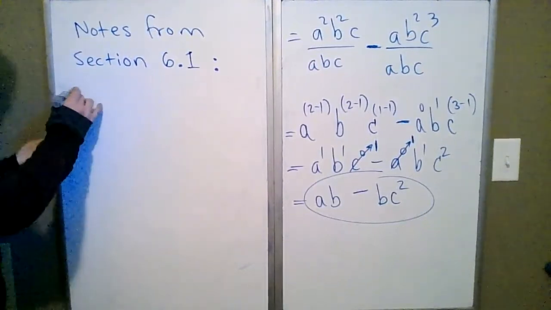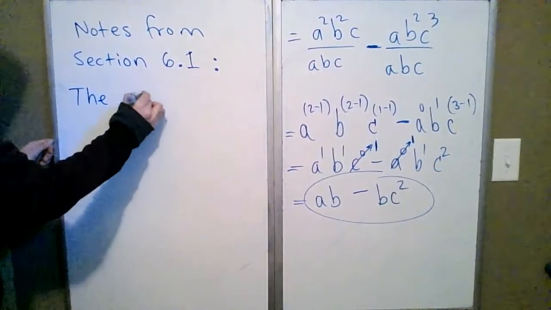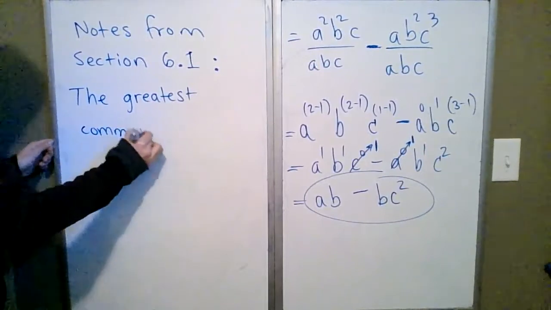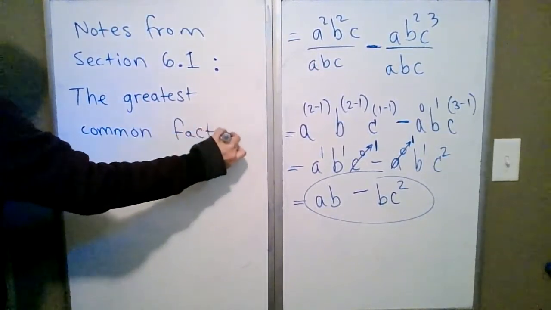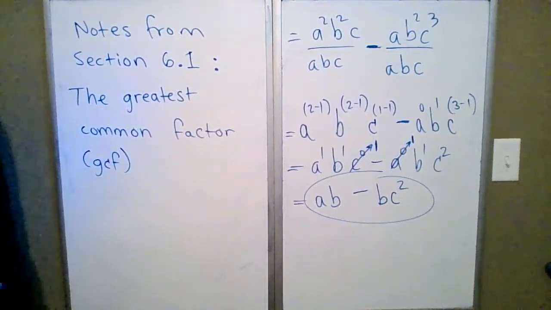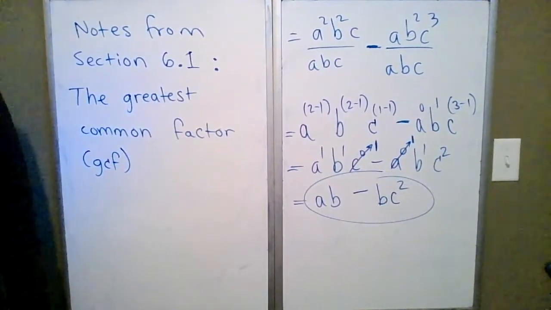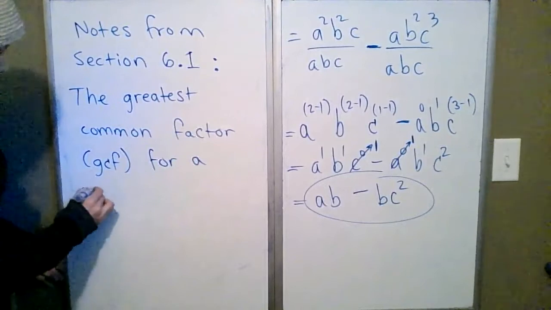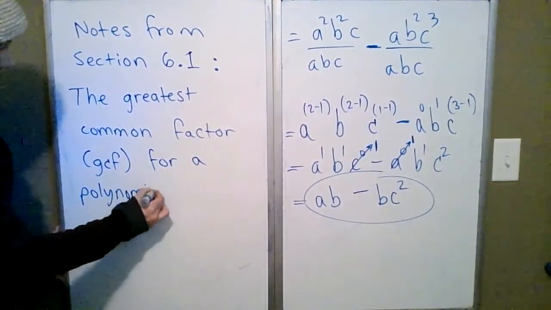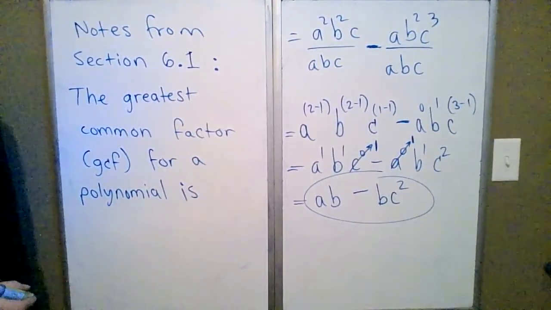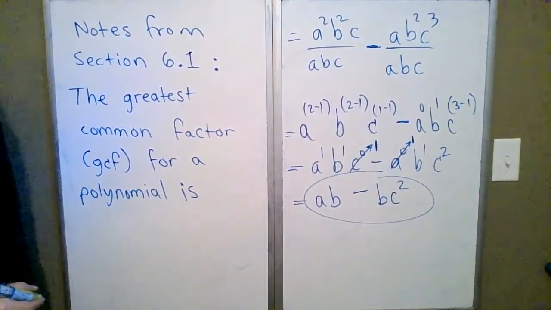All right, the greatest common factor, or GCF, for a polynomial is the largest monomial that divides each term.